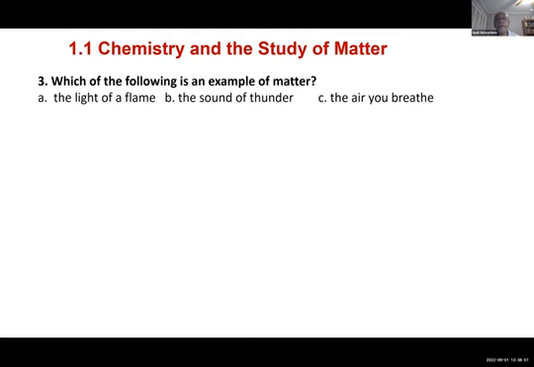The sound of the thunder is a kind of sound wave, energy. Air you breathe, that is a possible answer. None of those are matter. So therefore the answer is, which one is the correct answer?